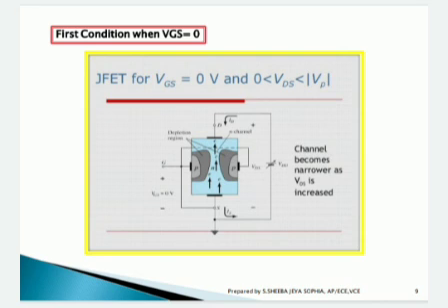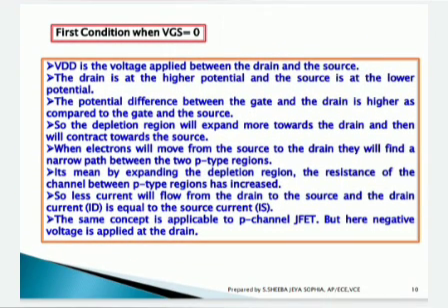When VGS is equal to 0 volt, VDD is the voltage applied between the drain and the source, and drain is at higher potential and source is at lower potential, and this potential difference between the gate and drain is higher as compared to the gate and source. So the depletion region will expand more towards the drain and contract towards the source.